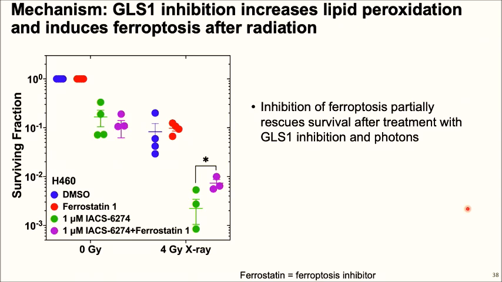Inhibition of ferroptosis partially rescued the survival after treatment with the GLS1 inhibitor and photons. So we cannot rescue the effect completely, and that was the same case for the ROS scavenger, but we can partially rescue the effect.